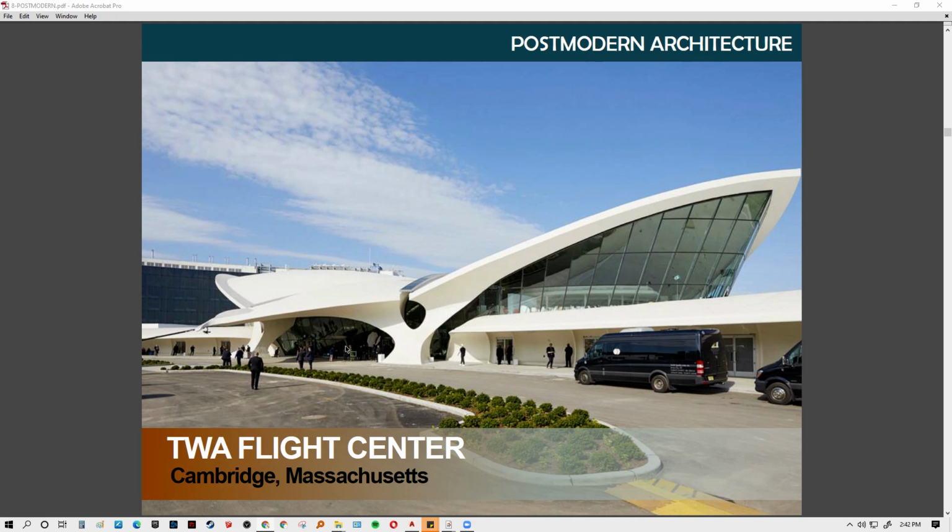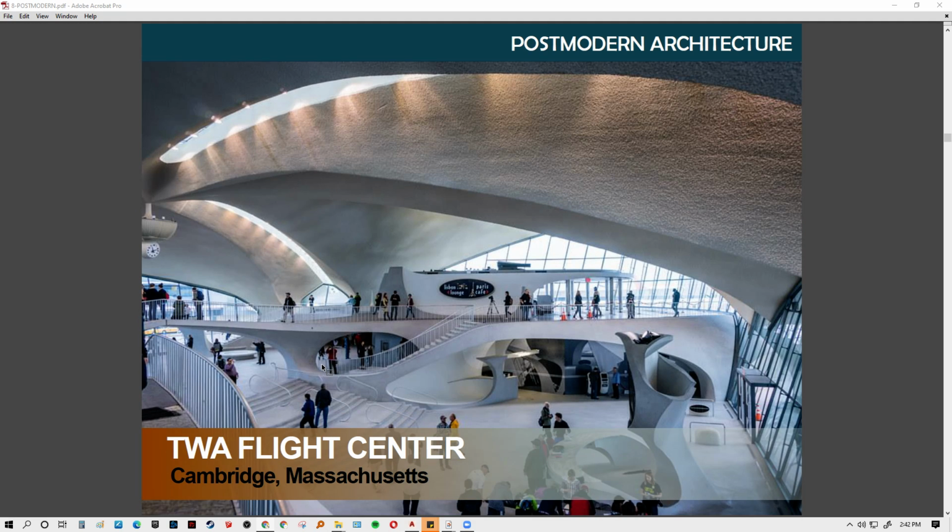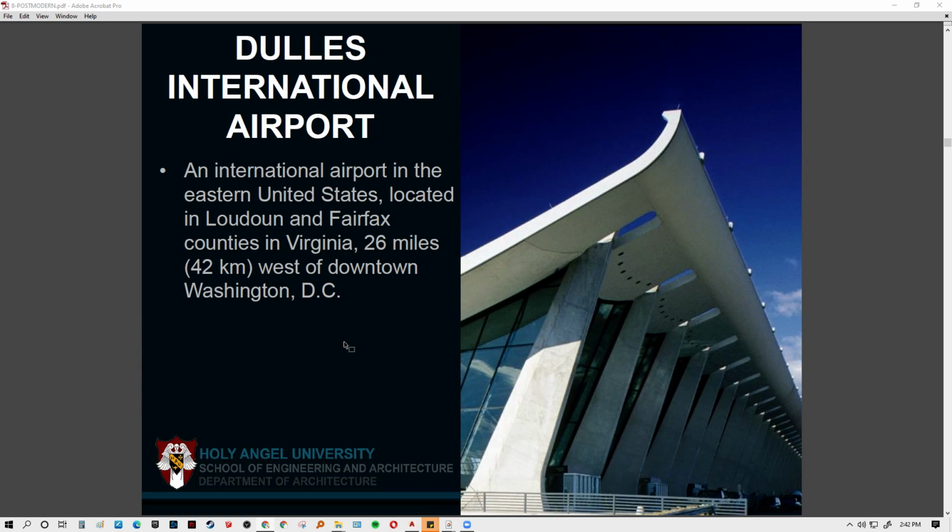However, this is not a very big terminal, but it really gives a different approach. So again, with considering the site orientation, it has some natural light with some accents, and gives a comfortable look with the interior. Another one is the Dulles International Airport.